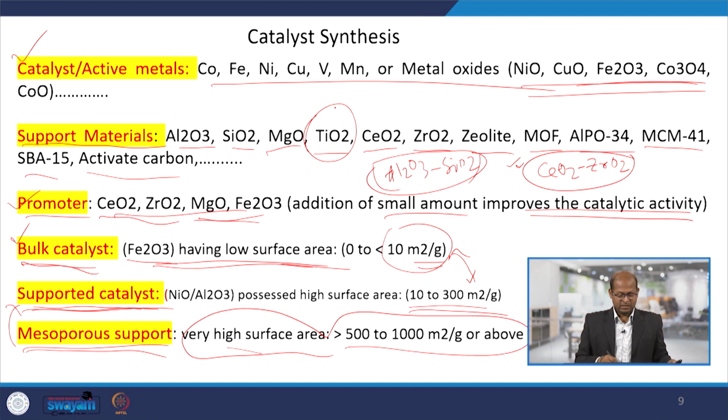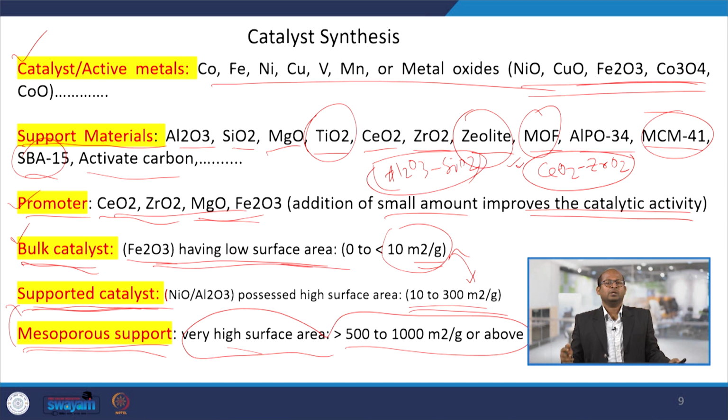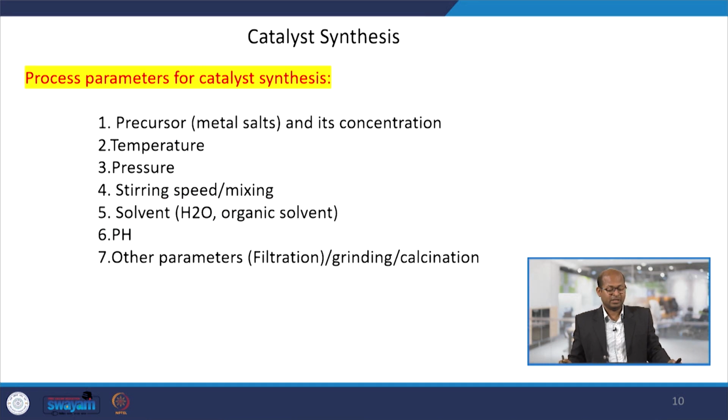Apart from that, zeolites, MOF, MCM-41, SBA-15 we can use as support materials. This type of material has micropores and mesopores, and that helps in distribution of active sites, and also in reaction, diffusion, and dispersion. So, therefore, we use different supports.